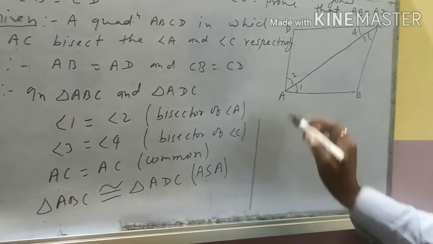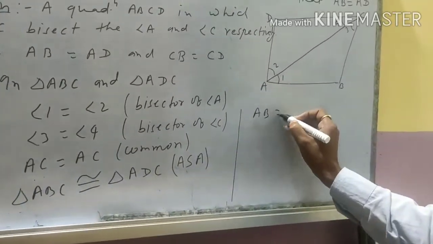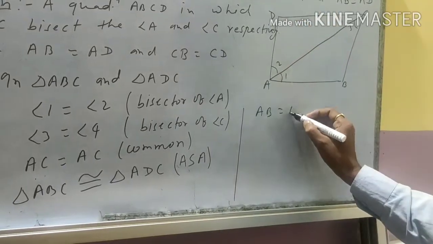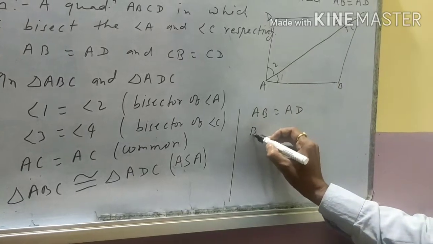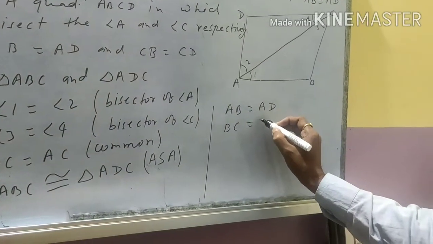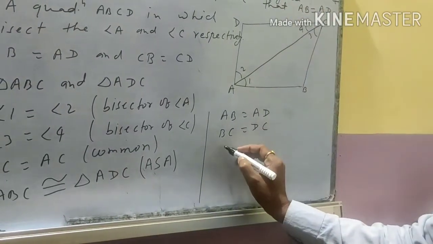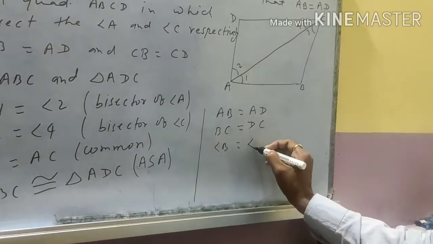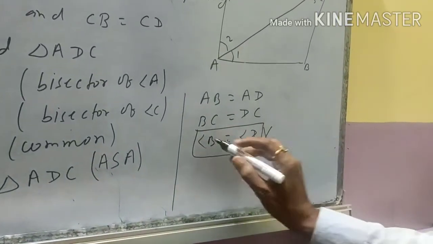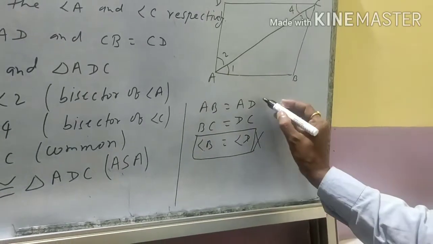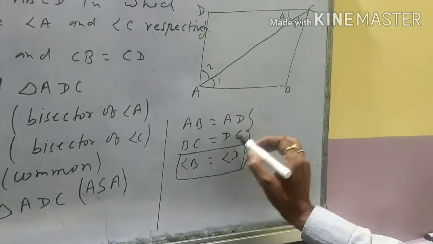Okay, so by CPCT we can write AB is equal to AD by CPCT, and BC is equal to DC by CPCT, and angle B is equal to angle D. But this angle is not required, so don't take angle B is equal to angle D. We have to take AB is equal to AD and BC is equal to DC.